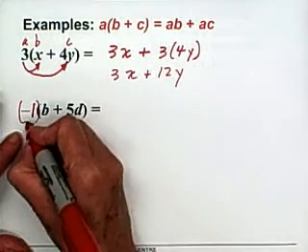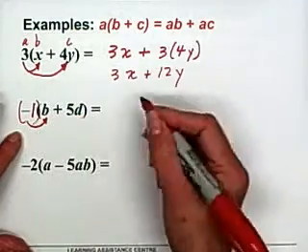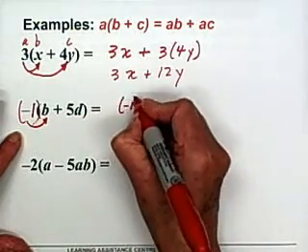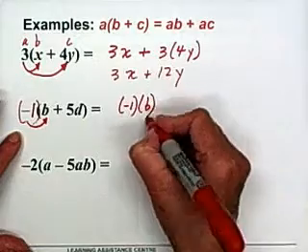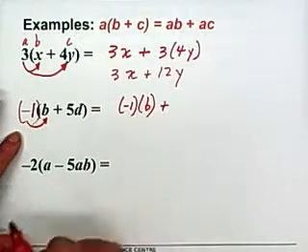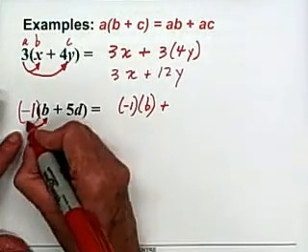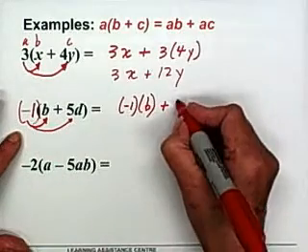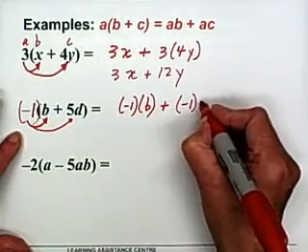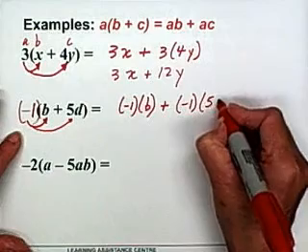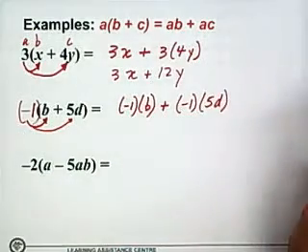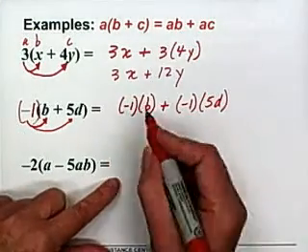So now we take minus 1, multiply it by the b. So we have minus 1 times b plus, don't forget your plus sign, A times C. So we have minus 1 times 5d. Now we have to multiply these through.